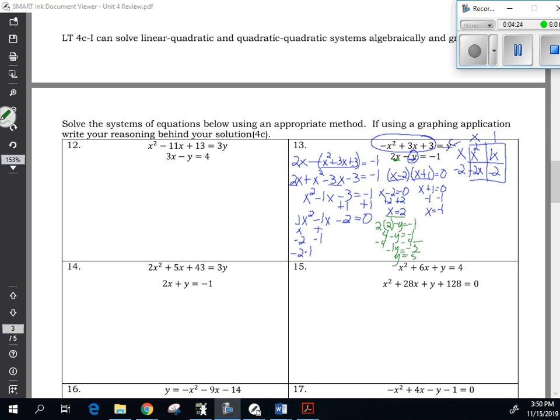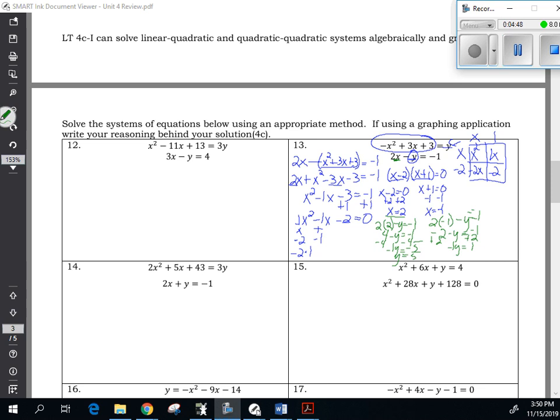On the other side, I do the same thing. 2 times negative 1 minus y is equal to negative 1. Okay, negative 2 minus y is equal to negative 1. I add 2 to each side. I have negative 1y is equal to positive 1.